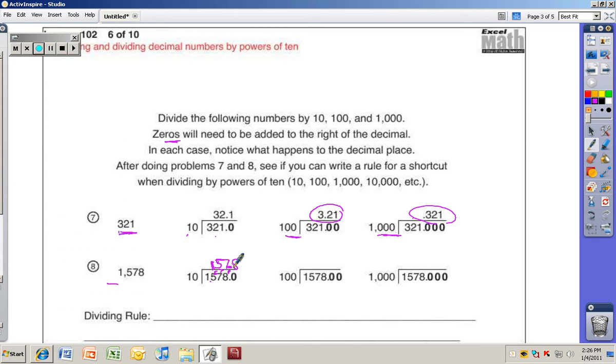100 goes into 157 one time. Notice that the 1578 didn't change. We have 1578, and the decimal point comes up to there, right? And then what's this answer going to be?